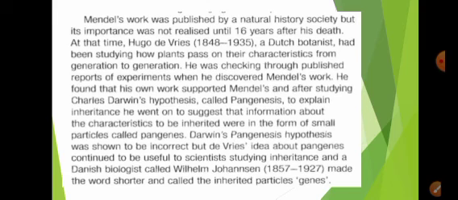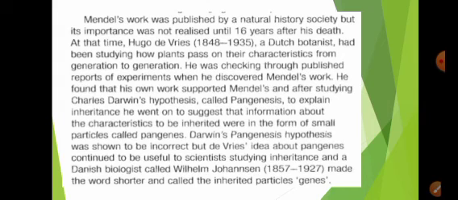At that time, Hugo de Vries, a Dutch botanist, had been studying how plants pass on their characteristics from generation to generation. He was checking through published reports of experiments when he discovered Mendel's work.